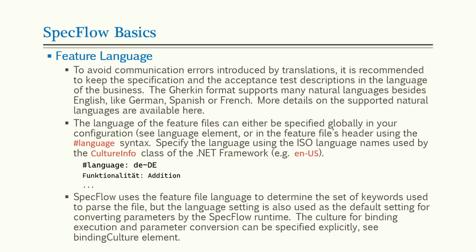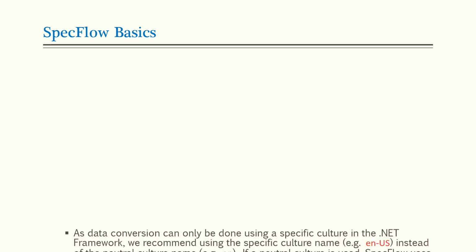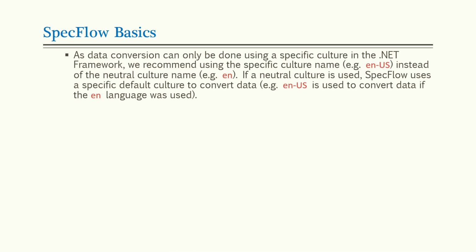See binding culture element. As data conversion can only be done using a specific culture in the .NET framework, we recommend using the specific culture name en-US instead of a natural language or natural culture name. If a natural culture is used, SpecFlow uses the specific default culture to convert data.